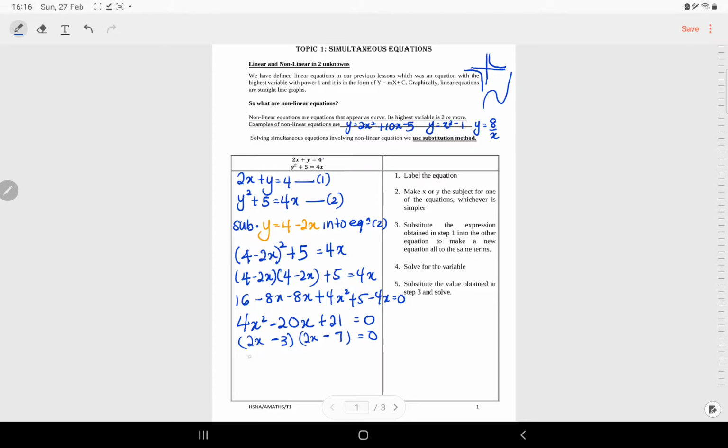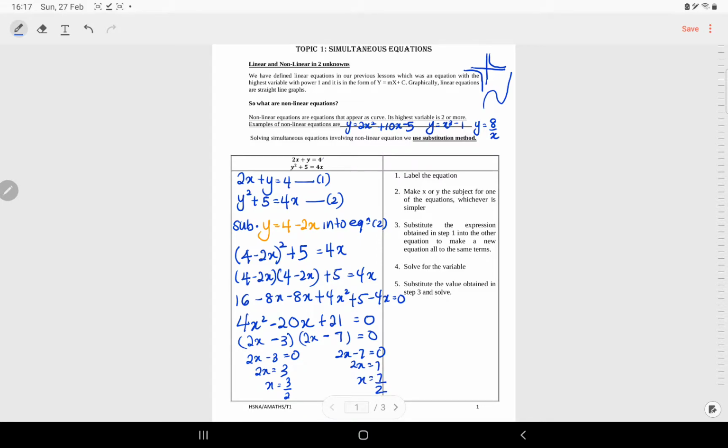So there you go. 2x minus 3 equals 0. 2x minus 7 equals 0. Once we've got the factors to solve for x, we just equate these factors to 0. So 2x equals 3, x equals 3 over 2. And the next bit here, 2x equals 7, x equals 7 over 2.